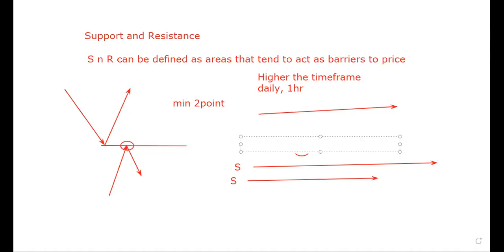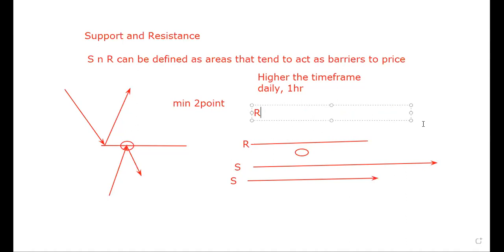Then any straight line that is above the current price is known as resistance. This is how to differentiate support from resistance. Any straight line that is below the current price is support, and this dotted line is the current price.